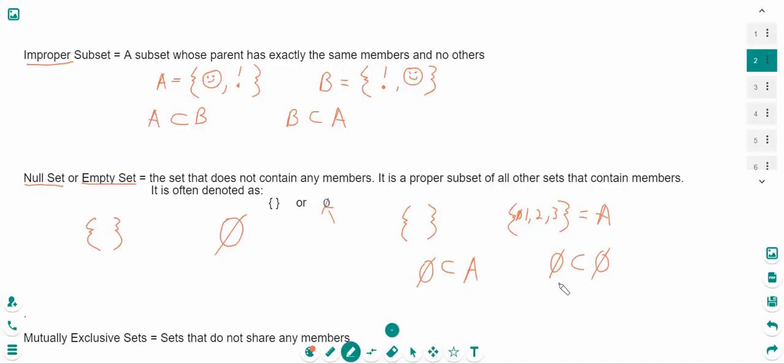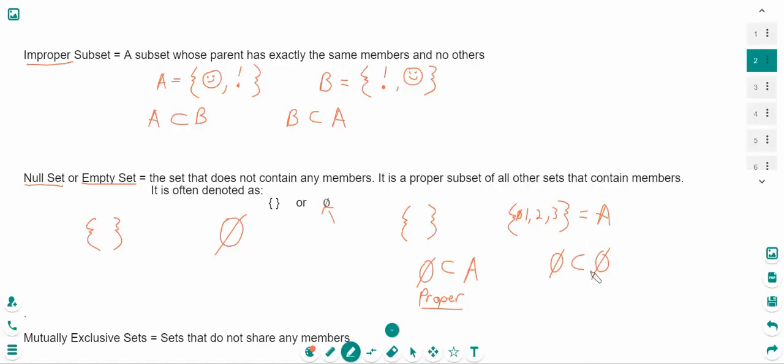Okay? Now, a question might be, is this a proper subset? The null set is a subset of A. Is that a proper subset, or is that an improper subset? What do you think? Well, it would be a proper subset. It's proper because A has more members in it than are in the null set.